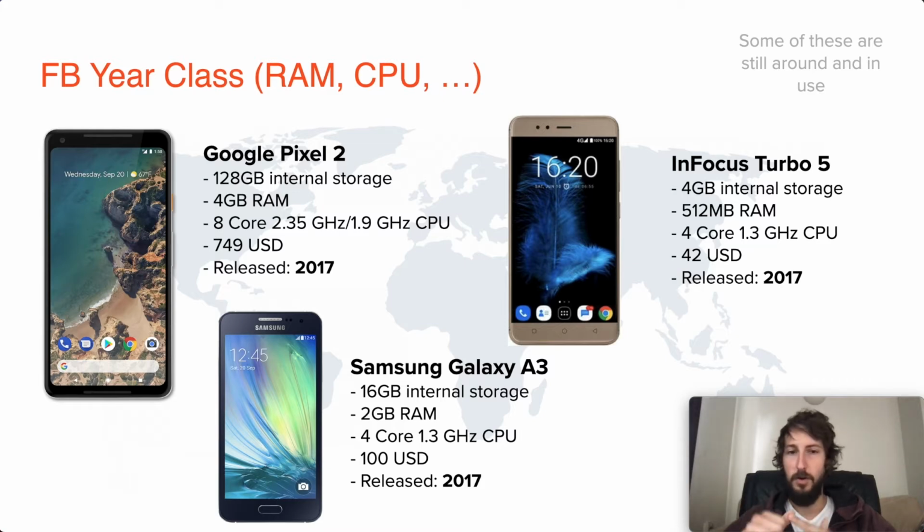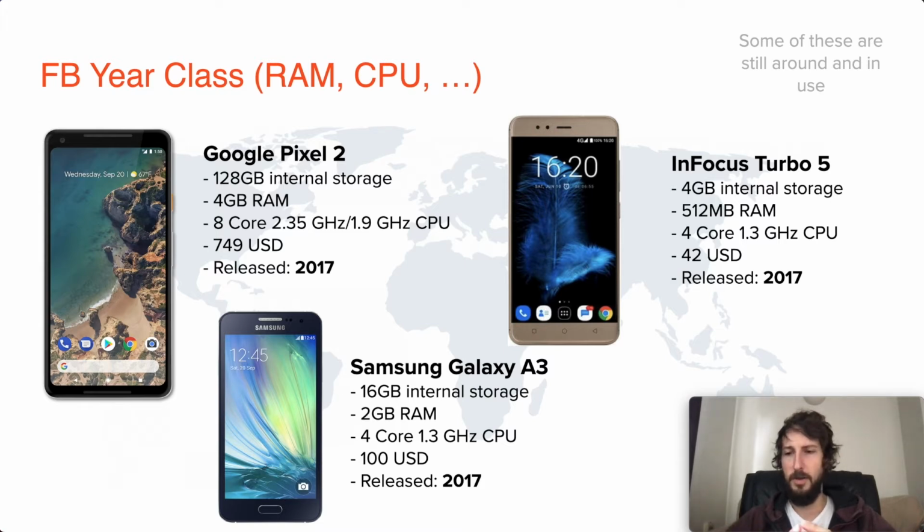If we look at cores, gigabytes of RAM, internal storage, they are different, even for cameras and other features. And here we have a Pixel 2 at the top, a Samsung Galaxy A3, and an InFocus Turbo 5. So if we were to classify these devices just looking at the year of release, we would actually build an experience that is not tuned for that specific device.